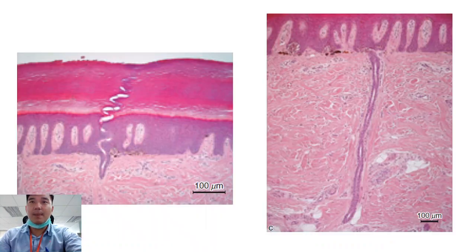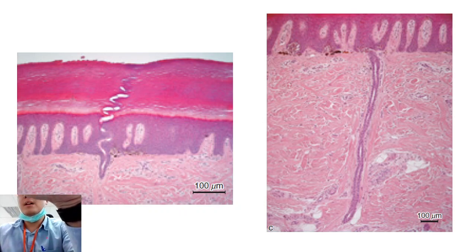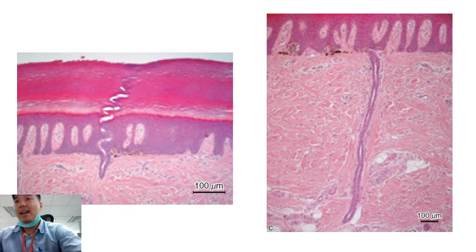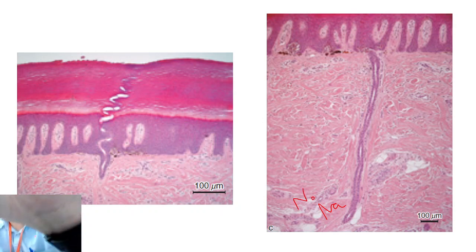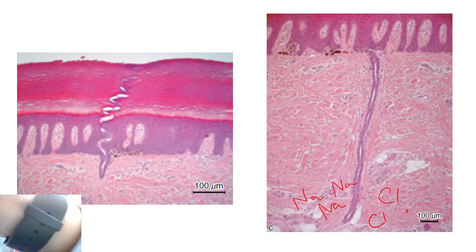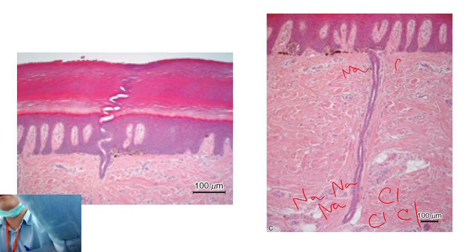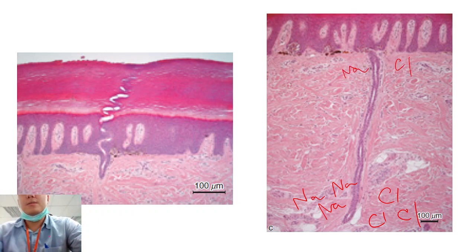This is the eccrine sweat gland, and as you can see, there is a duct that is straight in the dermis and becomes coil-shaped in the epidermis. This duct absorbs as much sodium and chloride as possible, so what is excreted to your skin is hypotonic compared to your blood. At first there is a lot of sodium chloride, and as you go up there is a smaller amount, so it's a hypotonic solution.